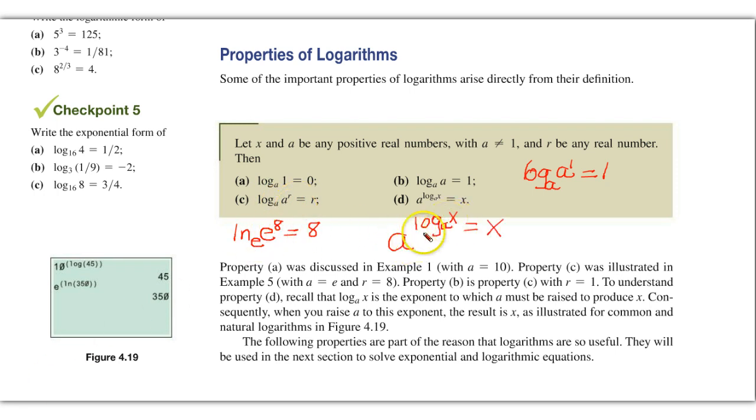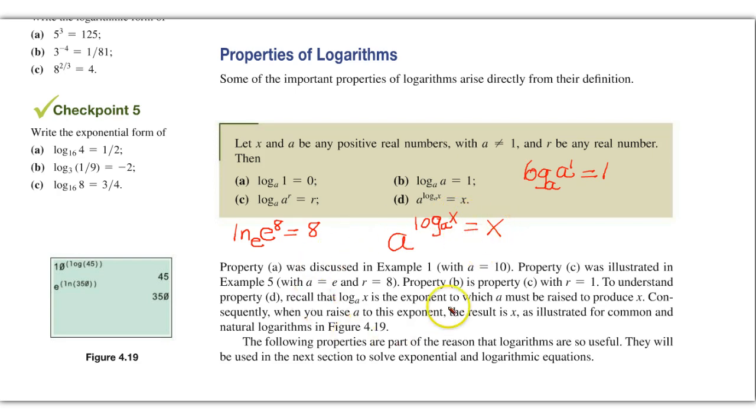This is another configuration of it. When you see it like this, where a is raised to sort of a funny logarithmic power up here, but there's an a there, there's an a there, there's the answer x. It is a modification of this, and here x equals x.